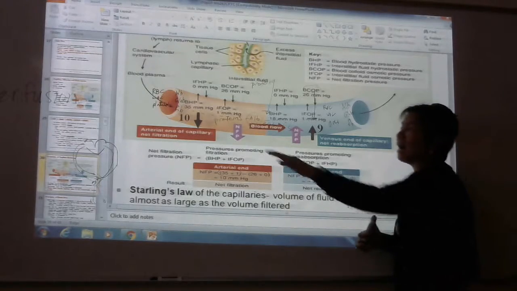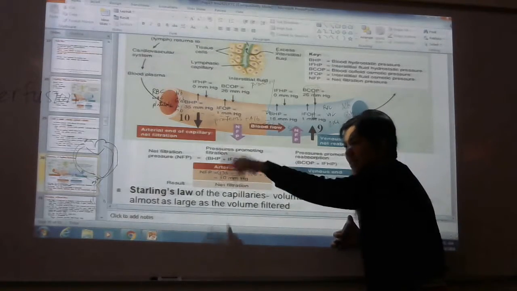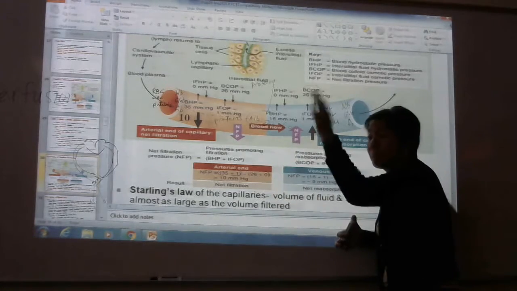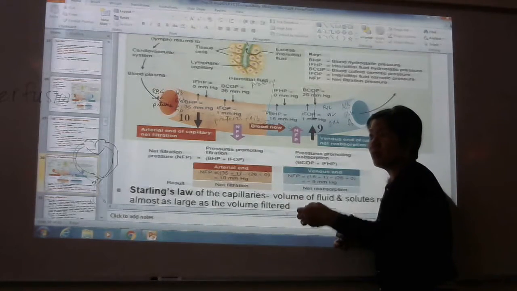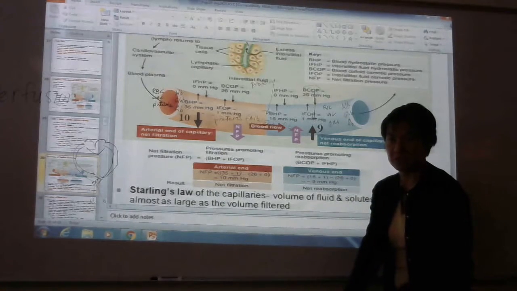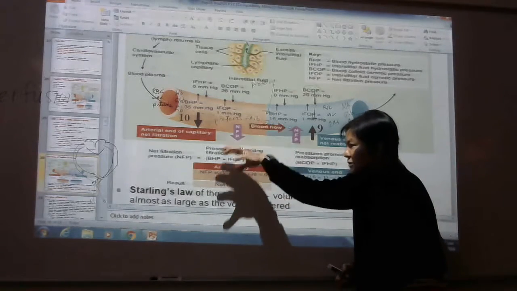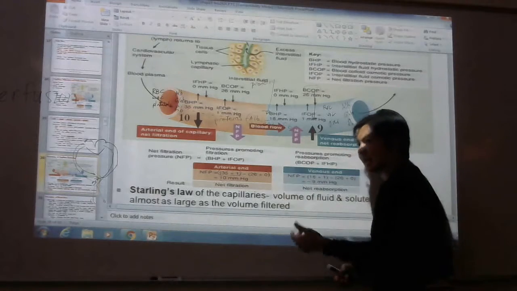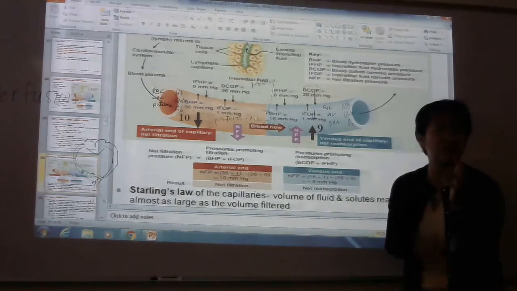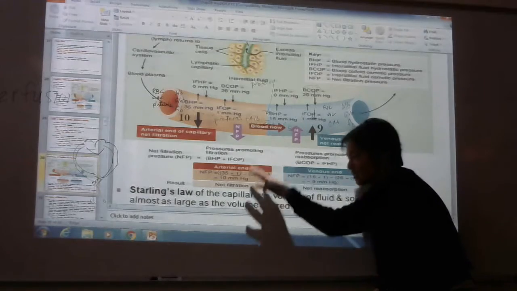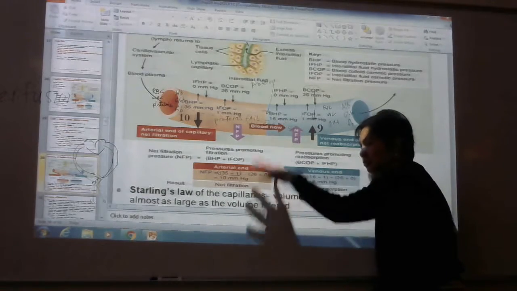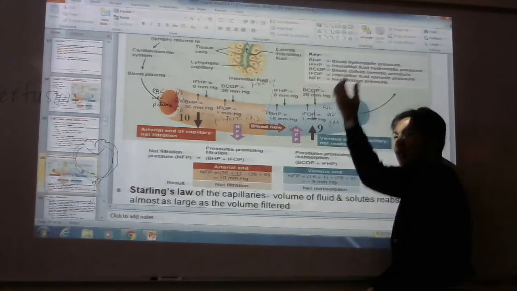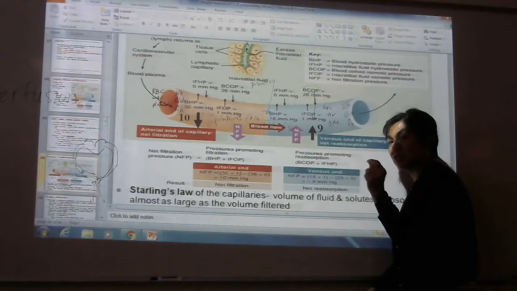To push out your nutrients, your oxygen, your vitamins, your minerals, they are pushed out through being dissolved in water. So water was pushed out, and along with water was mixed in there your vitamins, your nutrients, everything. You want to leave your vitamins, your nutrients here, but you want to bring back the water because your cardiovascular system is a closed circuit.